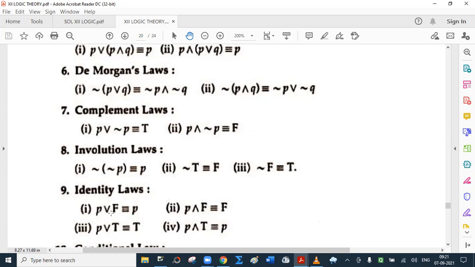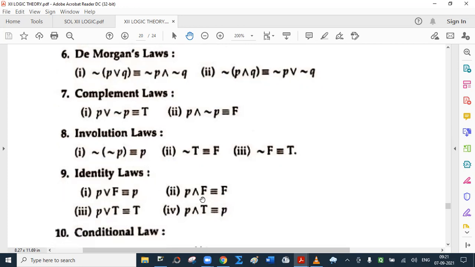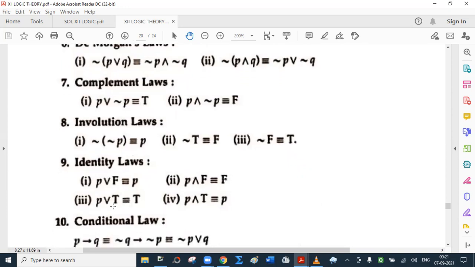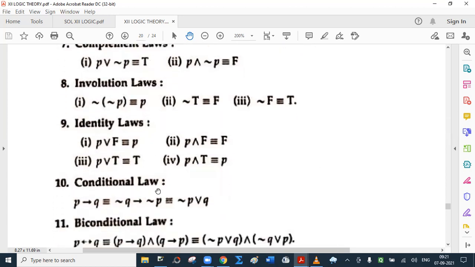And that is why P or false is P. Similarly, P and false, whatever may be the truth value of P, as the second conjunct is F, the result is going to be F. P or true, whatever may be the truth value of P, as the second disjunct is true, it is true. Similarly, P and true is nothing but P.